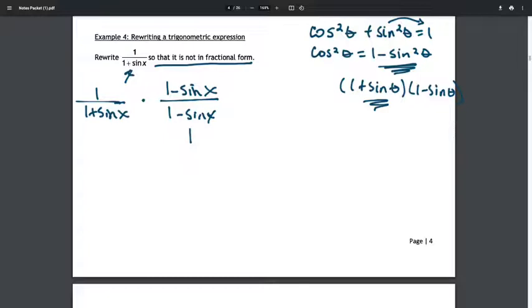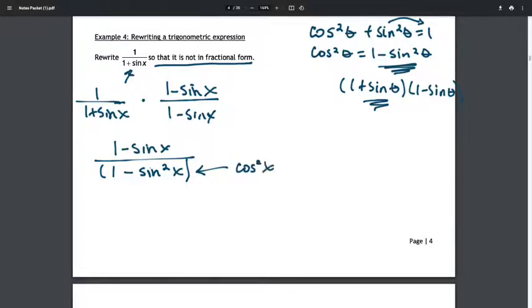So knowing that, when I multiply straight across, on top I'll get 1 minus sine x. But on the bottom, when I multiply it out, I'm going to get 1 minus sine squared x. So this right here is the same thing as cosine squared x.